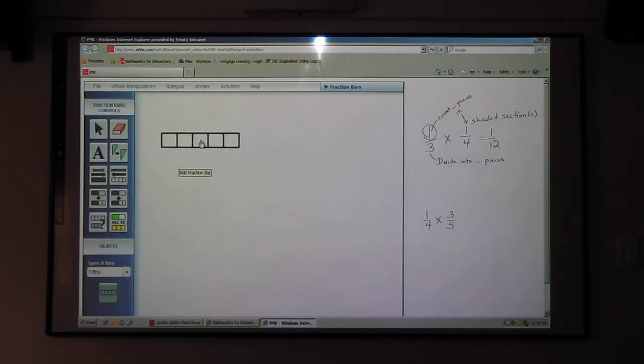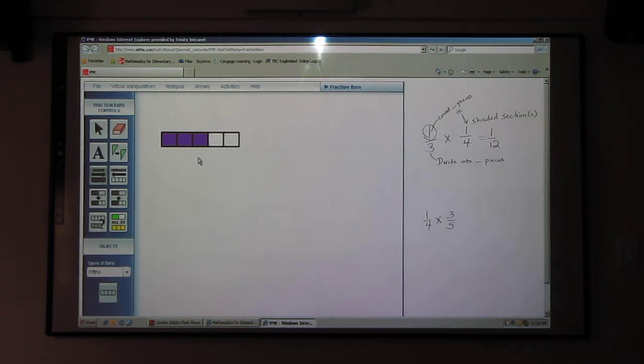So I'm going to start off by building whatever the second fraction is. Oops, that's not what I wanted to do. All right, let's shade 3/5.